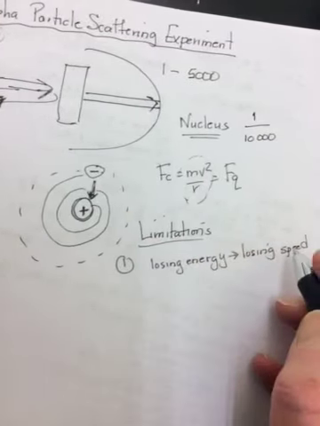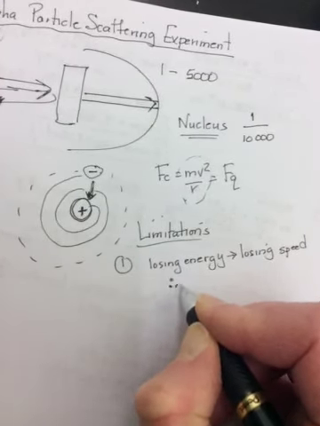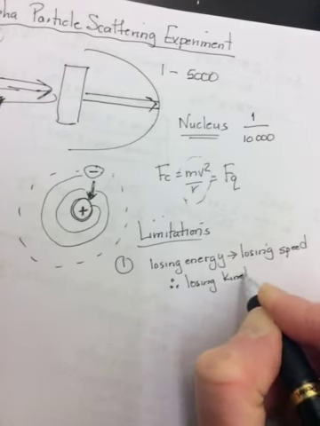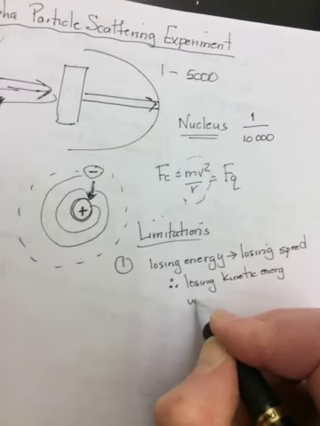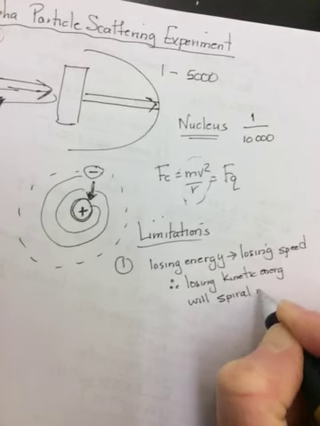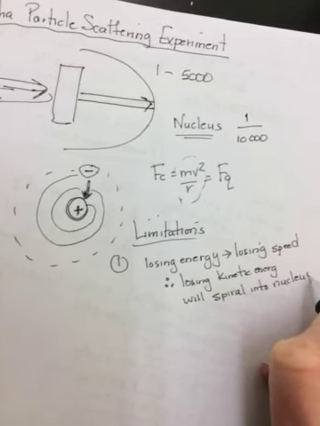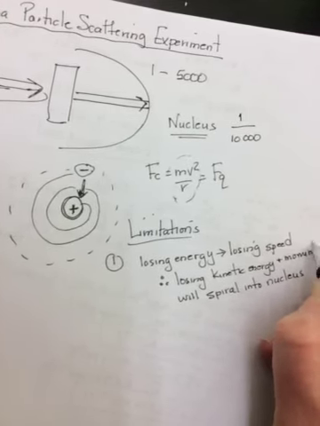Okay, so first one, losing energy, losing speed, which is therefore losing kinetic energy, and will spiral into the nucleus. And I said losing kinetic energy. It would also be losing momentum, too, because it's losing speed.